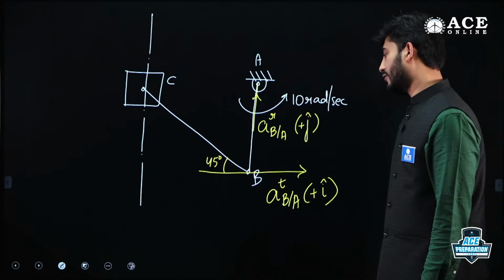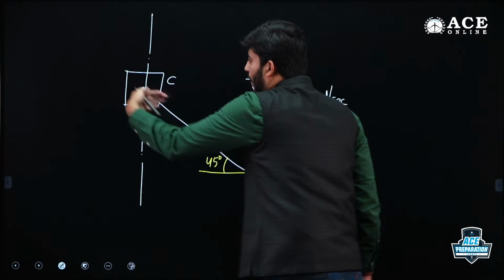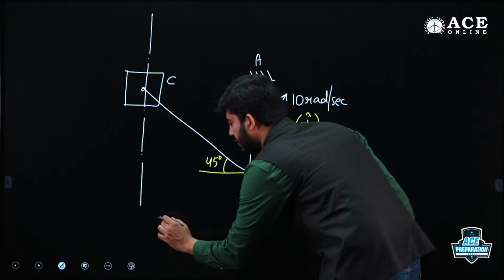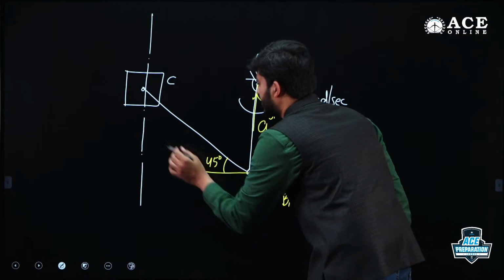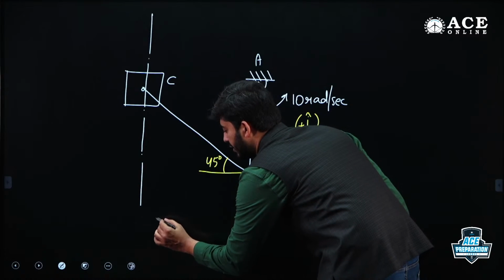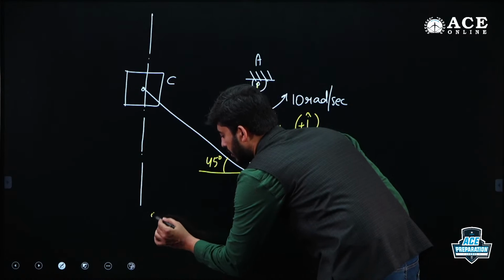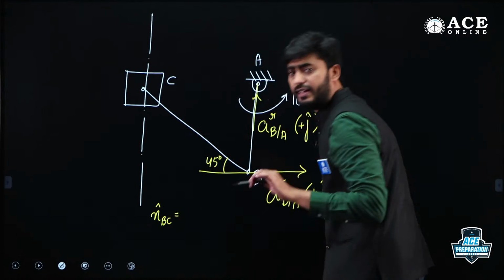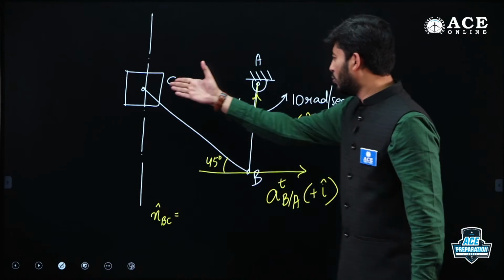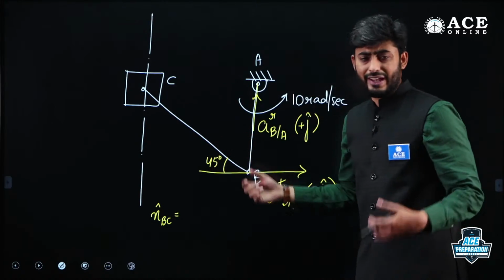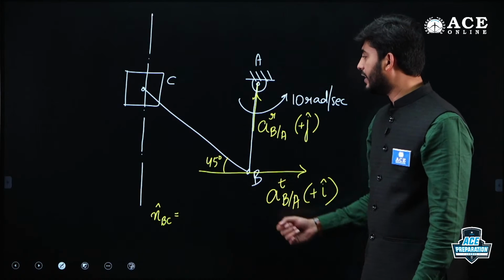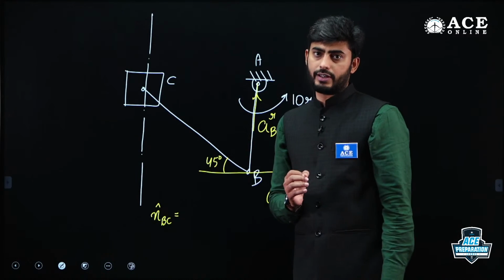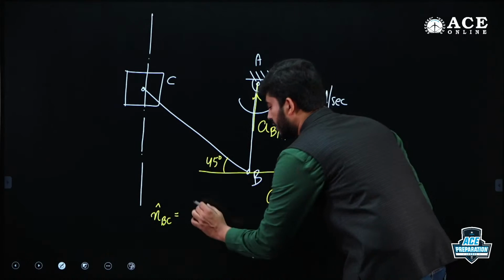Now you know very well this angle is 45 degrees, and the unit vector along BC, n cap BC, can be directly written, guys. I don't have to worry about this length. Once the angle is known with reference to the axis, I can write it directly, and this vector is pointing towards the second quadrant.